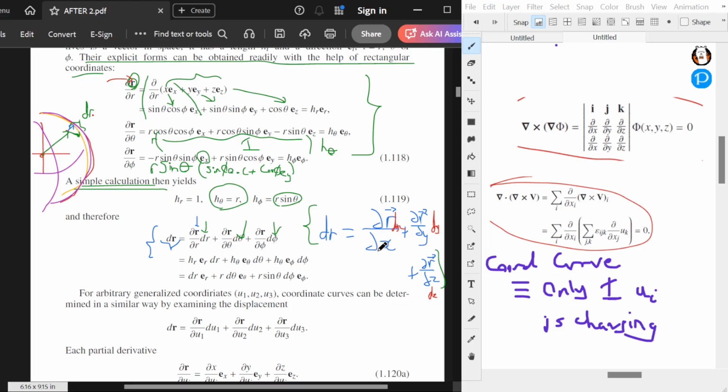So this del x means the change in the x direction. But you still need to multiply that. You still need to connect it to the actual change. I don't know if I'm making sense.